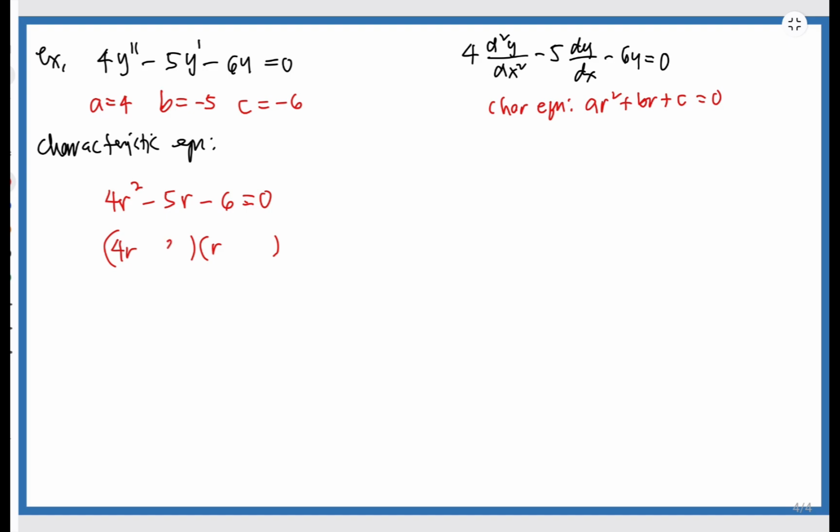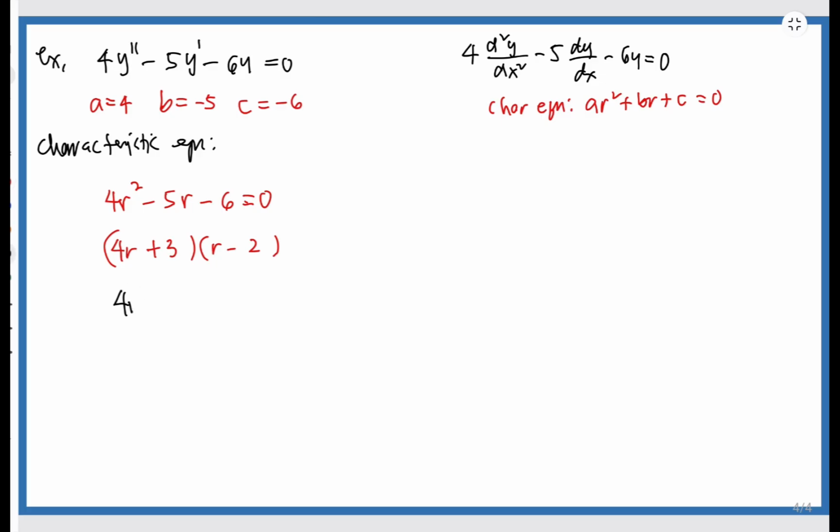It should be plus and minus, so minus 3 plus 8. It checks except for the sign, so this should be plus and this should be negative. So positive 3r, negative 8r is negative 5r.